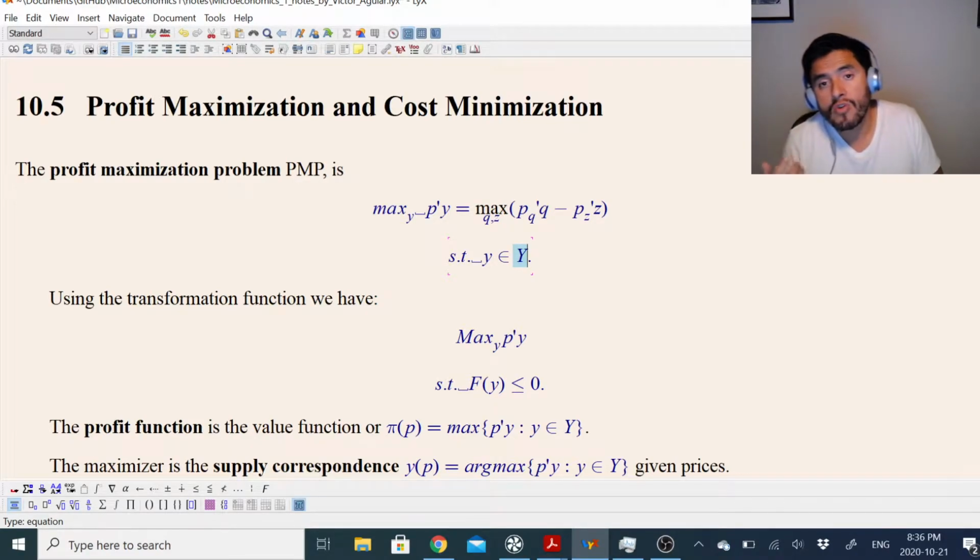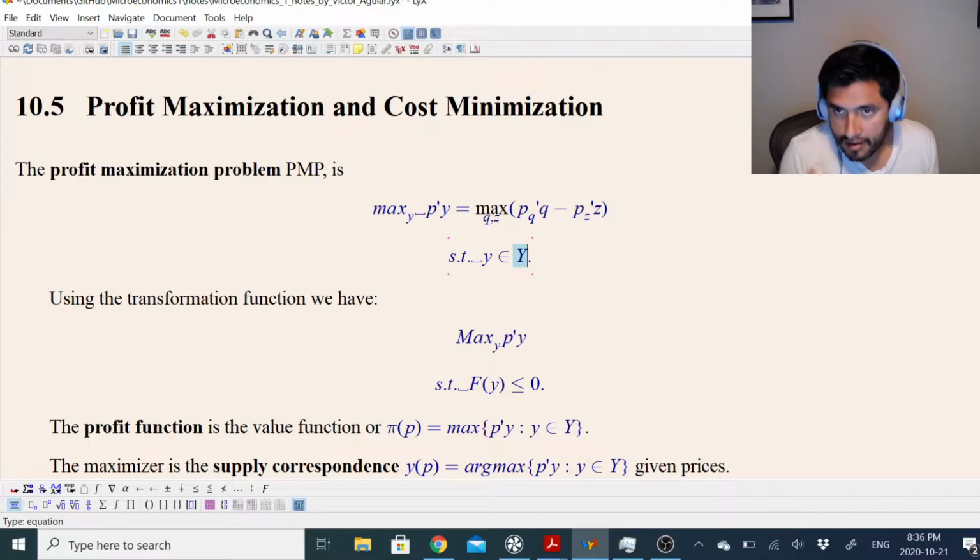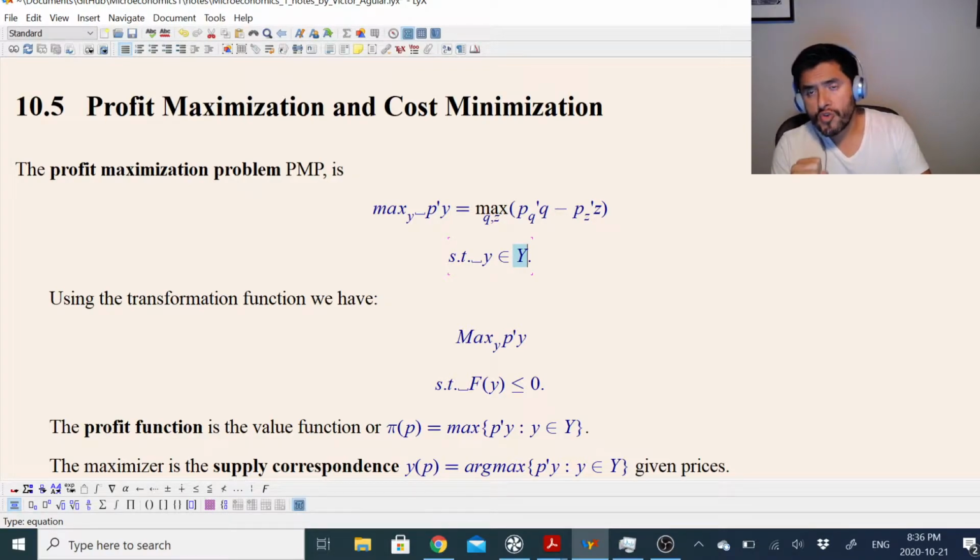And this problem is going to have a maximum. Here I'm assuming it has a maximum whenever y has certain properties. In particular, if y is closed and convex, because it's a convex cone, I can actually prove that this has a maximum. The proof that this is true is not only in this class, but you can check it in the Krebs book, and this is called the recession cone property.